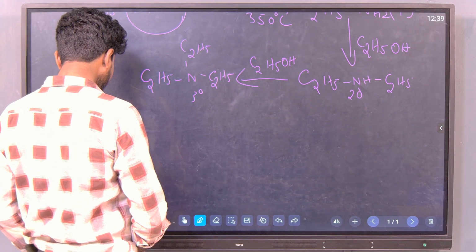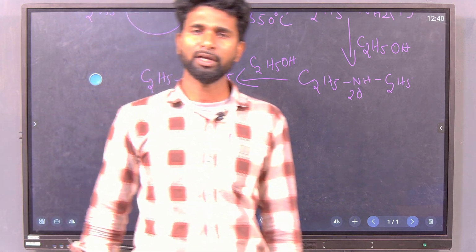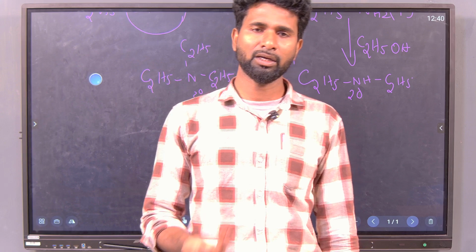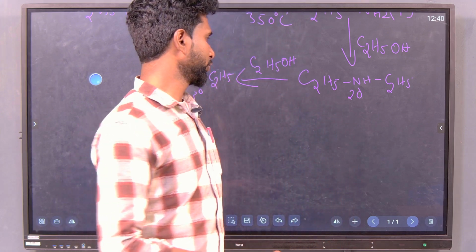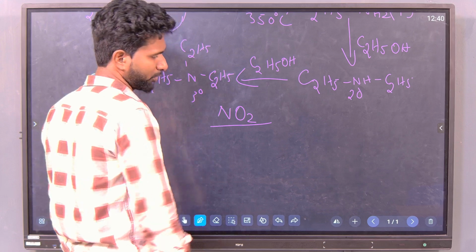Next one is reduction of nitro compound. What are nitro compounds? An organic compound containing the NO2 group is called a nitro compound.